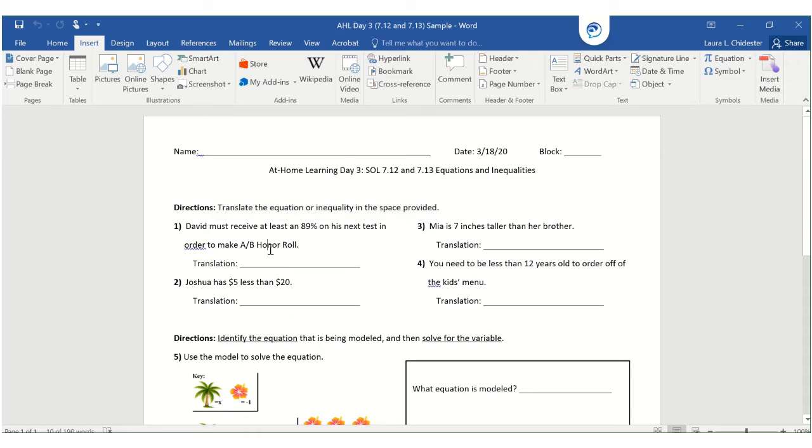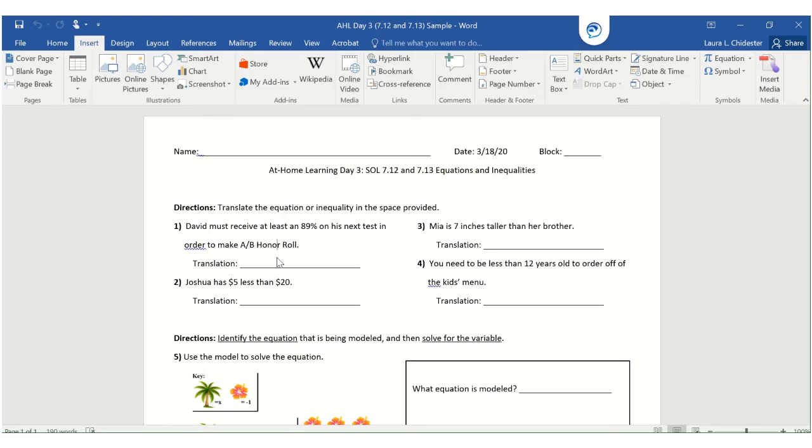So question number 1: David must receive at least an 89% on his next test in order to make AB honor roll. Okay, so we have to create a variable to represent what we're solving for.